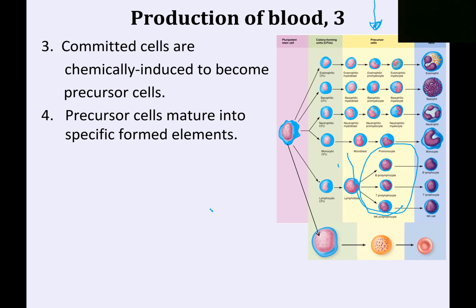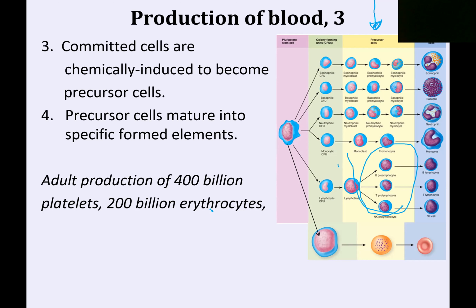Now, you don't have to know these numbers, but I do want to expose you to them. So adults produce about 400 billion platelets, 200 billion erythrocytes, and 10 billion leukocytes every day. So your bone marrow and your lymph tissue is really, really busy.